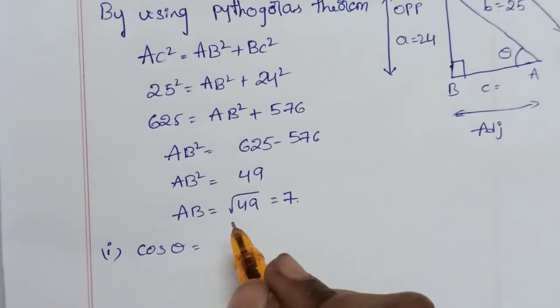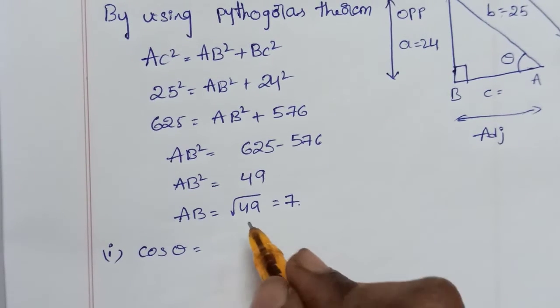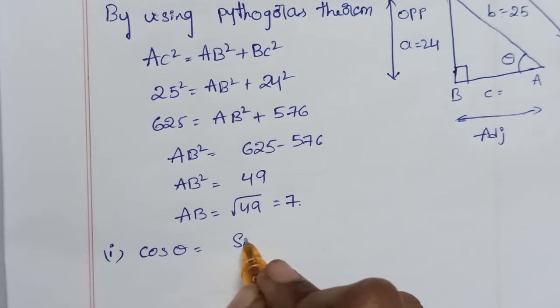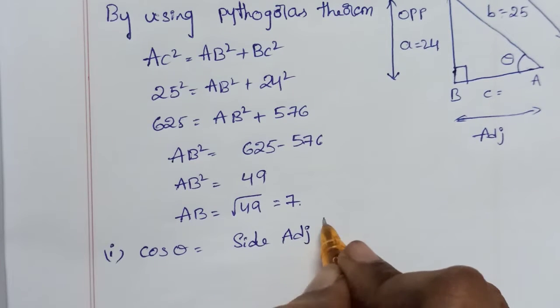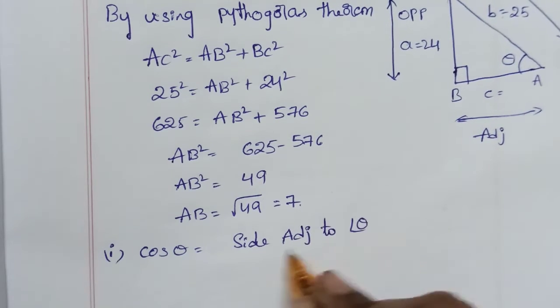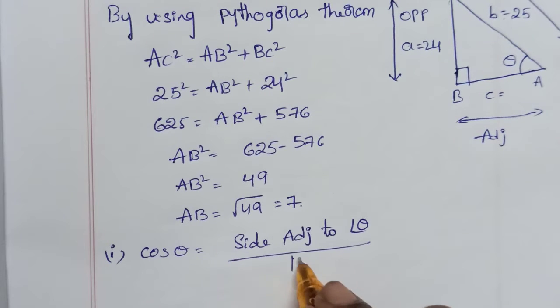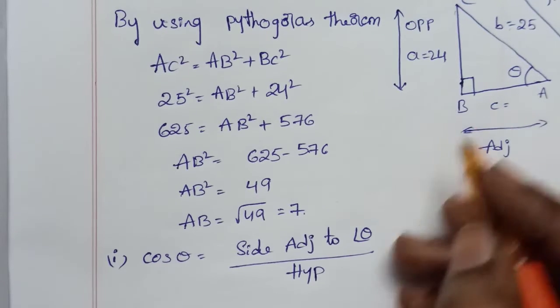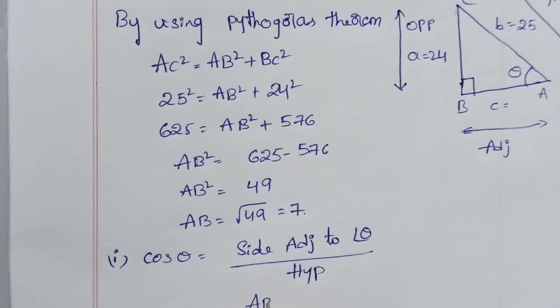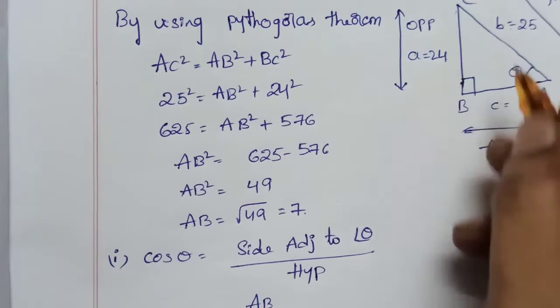Cos theta is equal to, from the figure, side adjacent to angle theta by hypotenuse. Here side adjacent to angle theta is AB and hypotenuse length is AC.